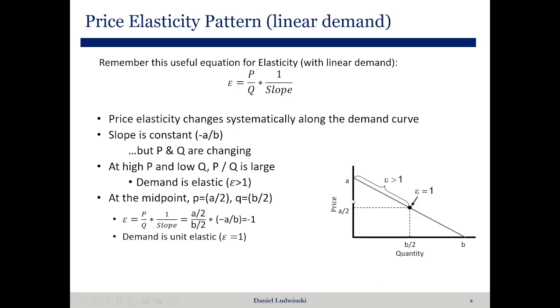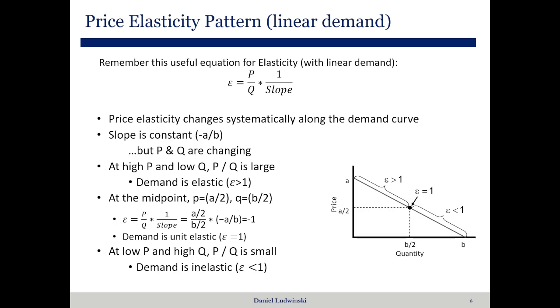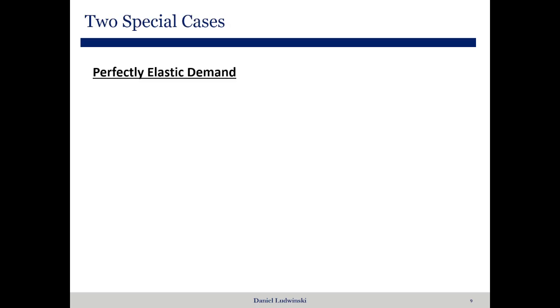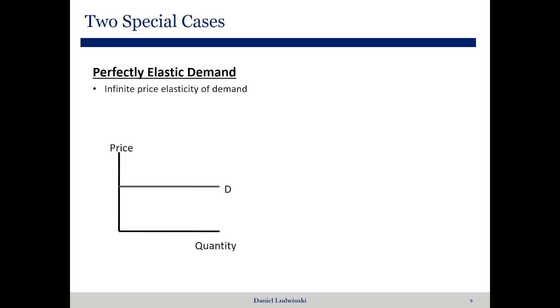In places where price is low and quantity is high, we'll see inelastic demand. And this is because our change as we move is the same for a 1 unit change in price, but the baselines are different. I want to highlight 2 special cases before we wrap up. The case of perfectly elastic demand.